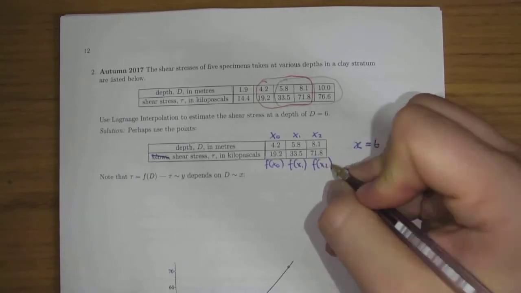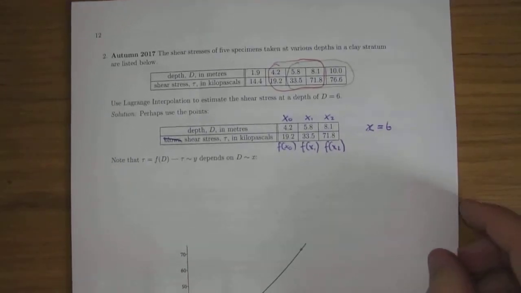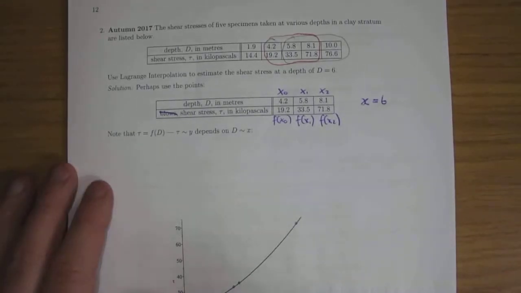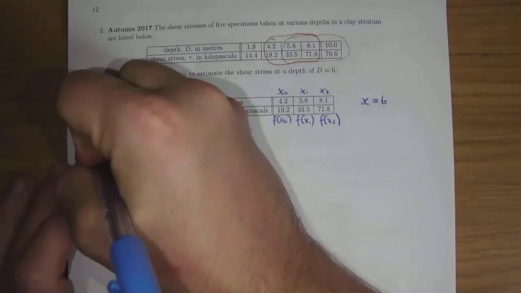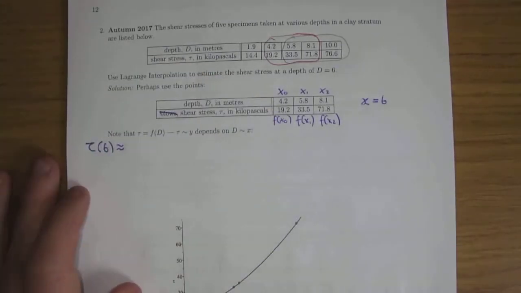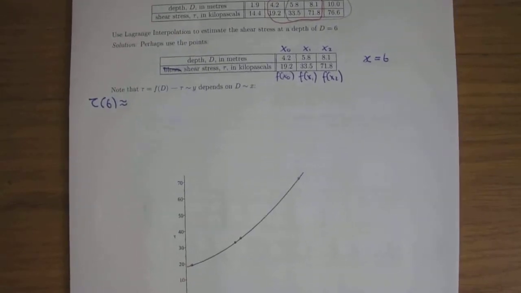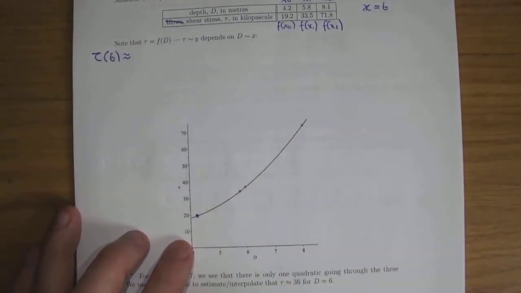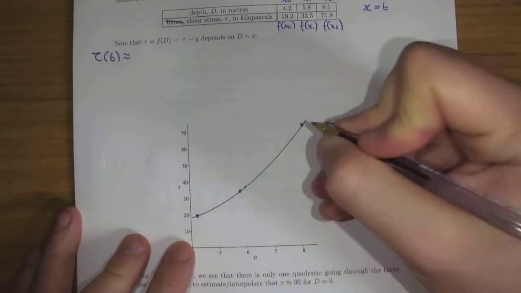All we have to do is use that formula again. I'll try and write it a bit better this time. So we're going to say that the shear stress at 6, which I write as tau of 6, is approximated. How are we going to approximate? We've got these 3 data points at 4.2, 5.8, and at 8.1.